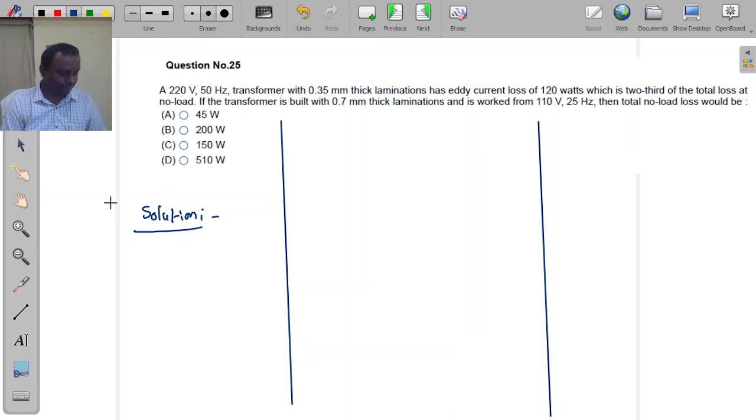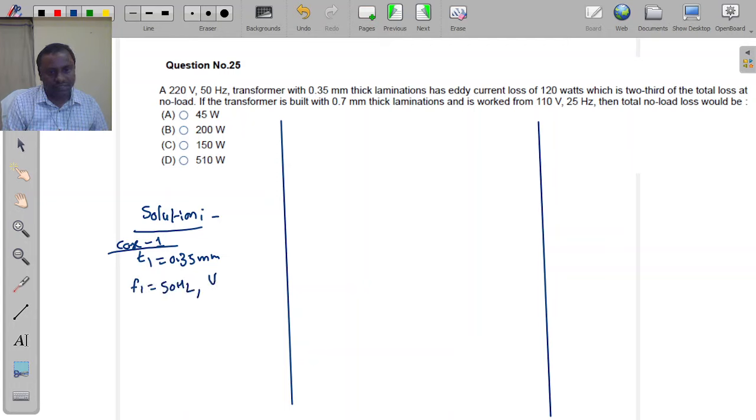Now in case 1, the thickness given is 0.35 mm, and the frequency given is 50 Hz.